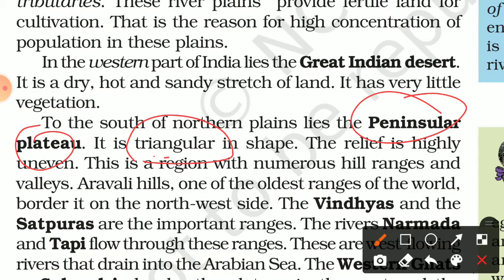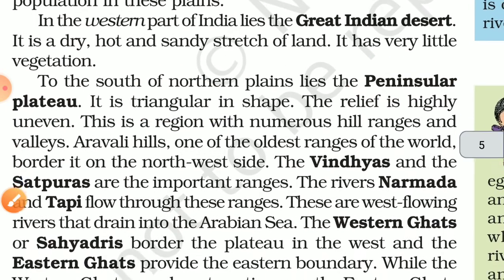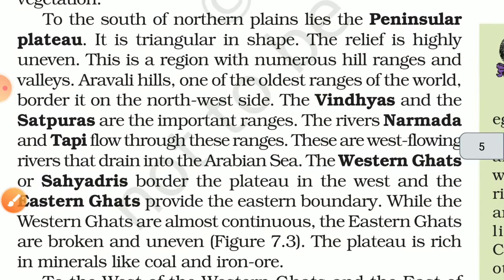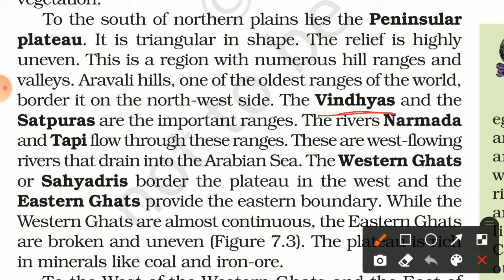So basically, the relief is highly uneven, and this is a region with numerous hill ranges and valleys. Aravalli Hills, one of the oldest ranges of the world, and the Vindhyas and the Satpura are the important ranges of this peninsular plateau, and the rivers Narmada and Tapi flow through these ranges.